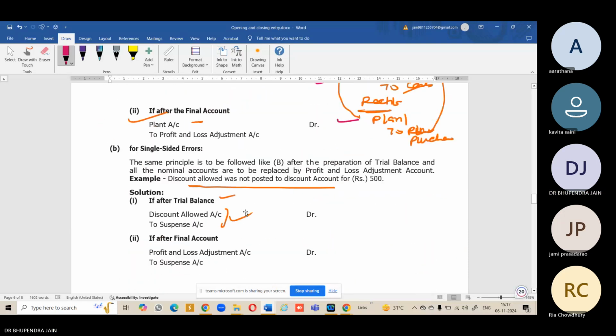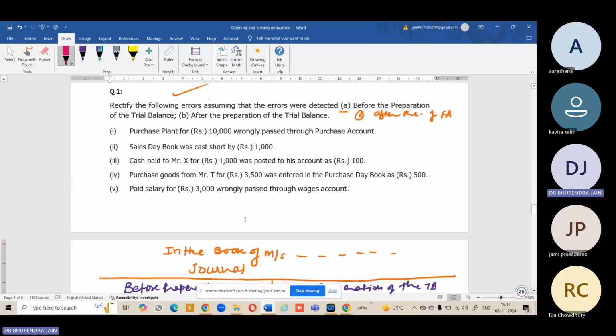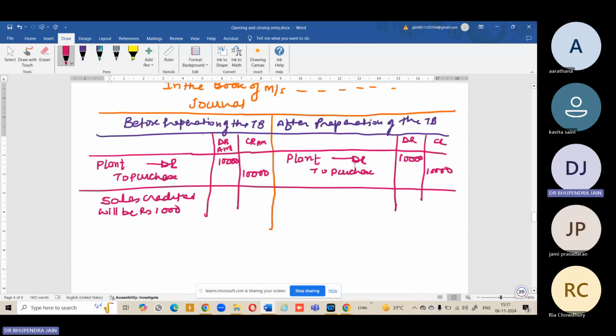But if such type of error occurred after preparation of trial balance, 1,000 and 1,000, then we will transfer it to the suspense account, and suspense account debit to sales is rupees 1,000.